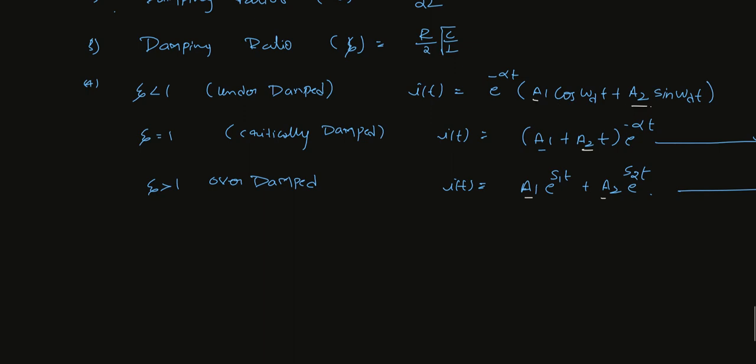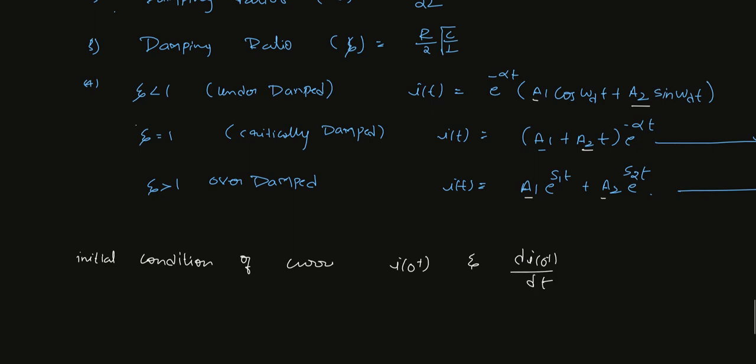So these constants can be found out by using the initial conditions of current, that is I of 0 plus and di of 0 plus by dt.